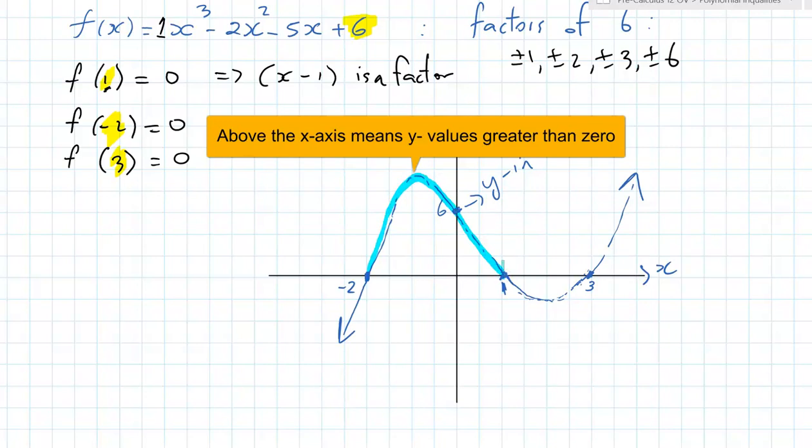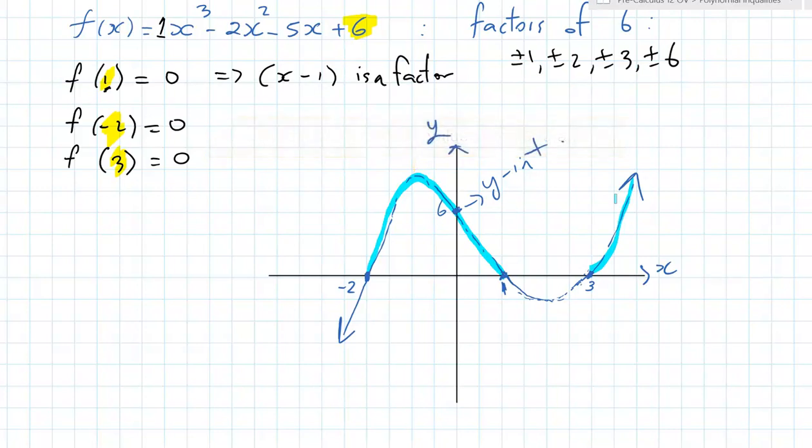So that part of the graph is above the x-axis, and this part of the graph is above the x-axis. And based on that, what are the interval values for x? Well, just look at the graph between -2 and 1, that's above the x-axis, and everything past 3, or more than 3, is above the x-axis.